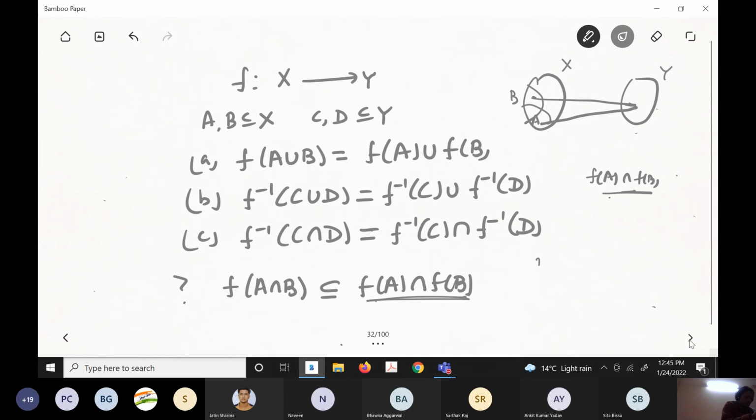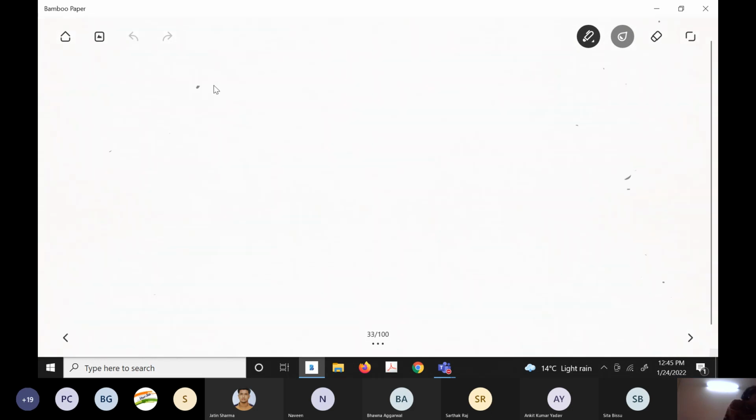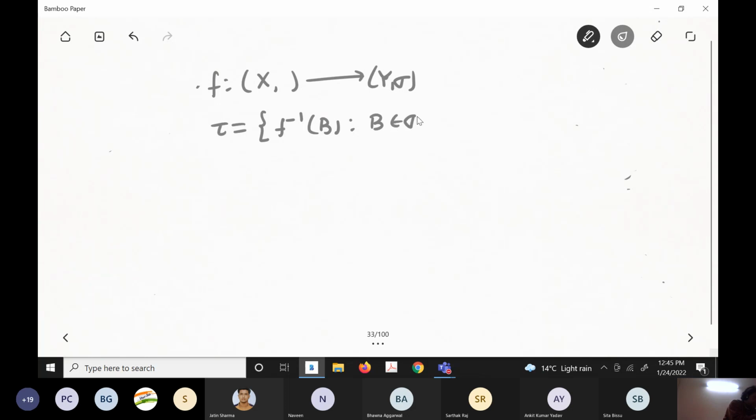Why am I saying this? Now look, here we have a map. Take tau equal to the collection of f inverse B, where B belongs to sigma.